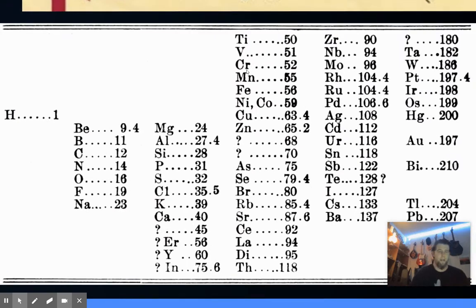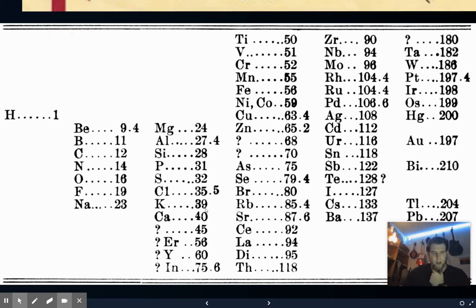And so these are some of our first modern periodic tables. So if we look at this one here, what I love about it is we recognize some of the ones on there, like hydrogen, beryllium, boron, carbon. But then as we go through, you can start to see, especially after calcium, right in here, a question mark, didn't know. But he knew, and we'll get to this, what this would be. He knew what the atomic number would be.